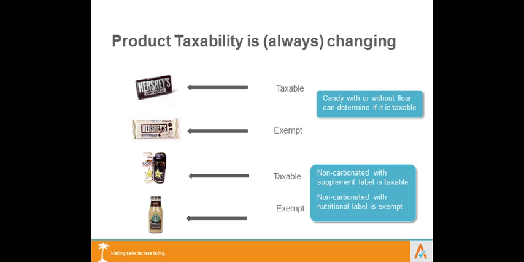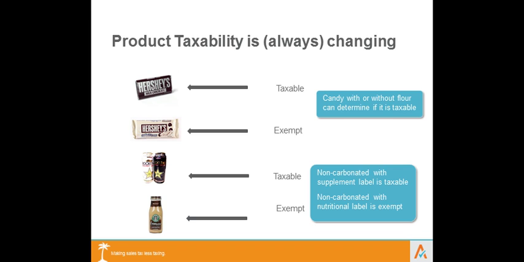Then it could be taxable, or if it lacks the carbonation, it could be treated as exempt. These are just a couple of examples of the millions of rules that companies need to be aware of. Well, maybe you don't need to be aware of millions of them, but those that affect your industry anyways. So it's really important to understand what items are taxable, what services are taxable. We'll talk a little bit more specifically about services later.